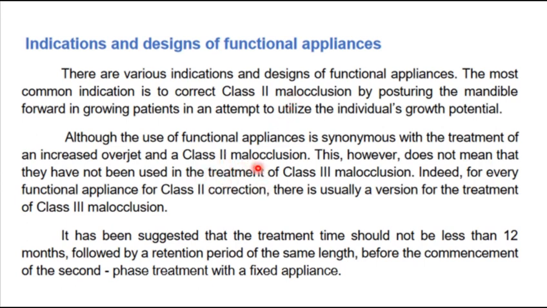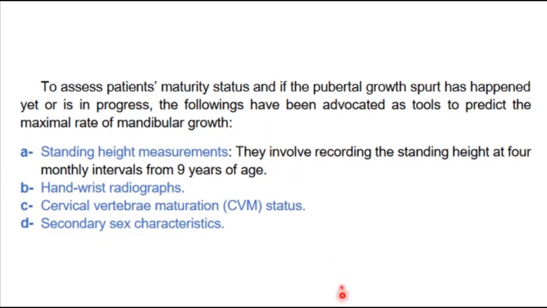However, it is also given in class 3 cases, for treatment of class 3 malocclusion, where some different version of the same appliances can be used to correct it. It has been suggested that the treatment time should not be less than 12 months. The follow-up retention period is of the same length, before the commencement of second phase treatment.